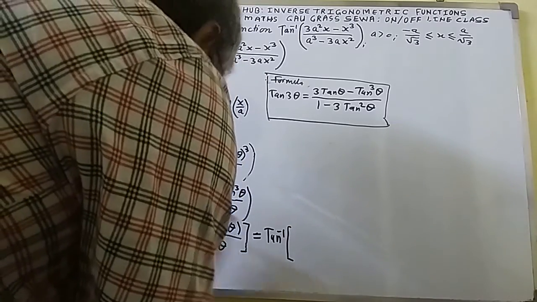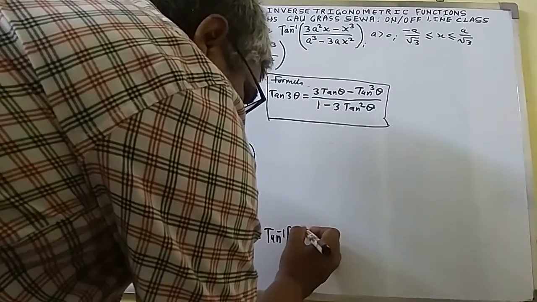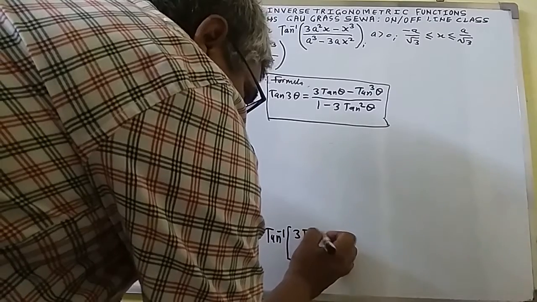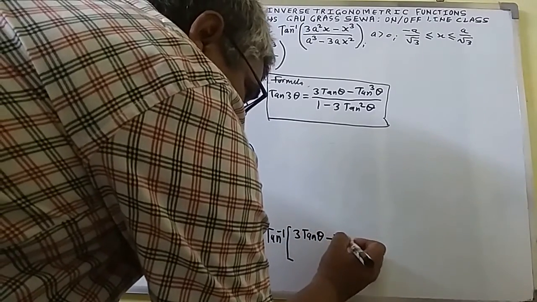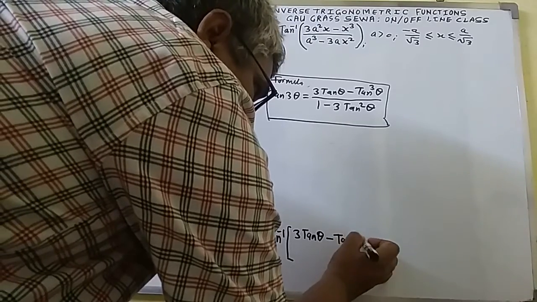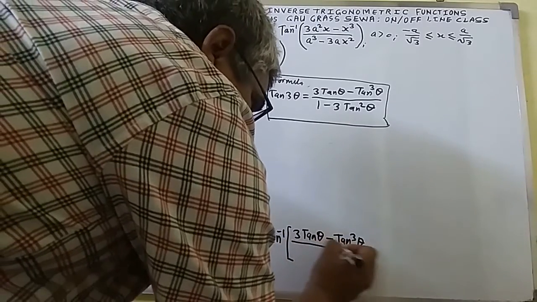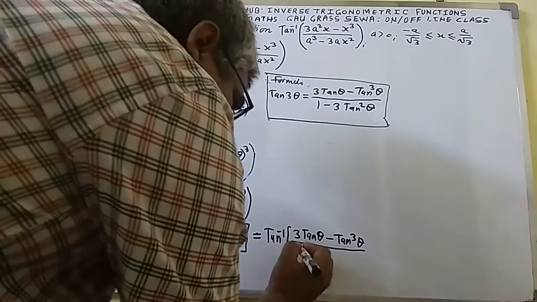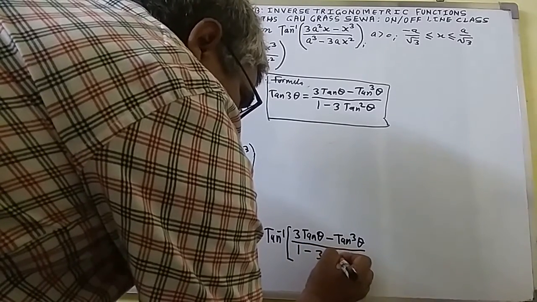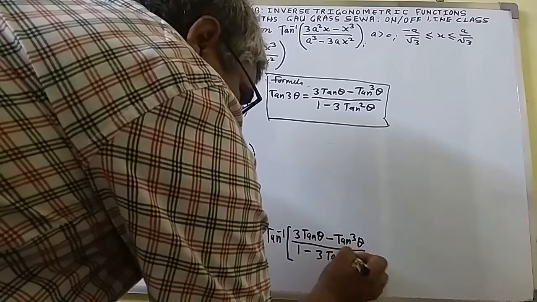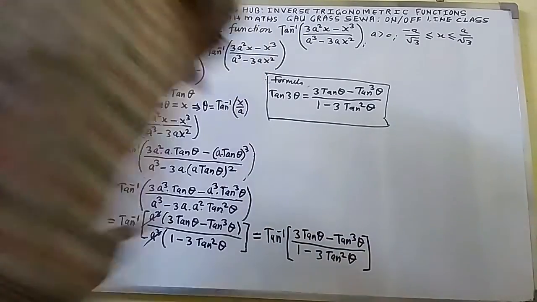Here you will get 3 tan theta minus tan cube theta whole over 1 minus 3 tan square theta. It will become like this.